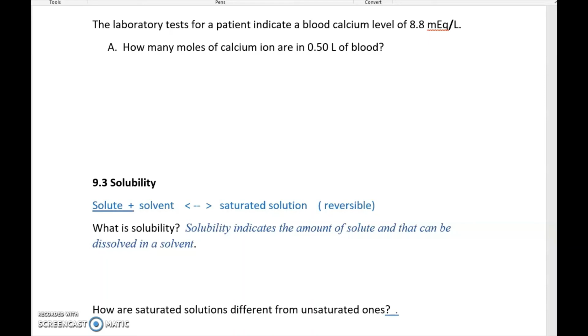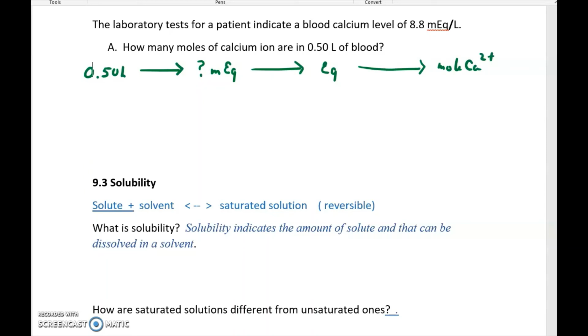So we're going to start with our half liter of blood, and we're going to convert that into an unknown number of milliequivalents, and then we're going to convert it into equivalents, and finally we'll convert it into moles of calcium.